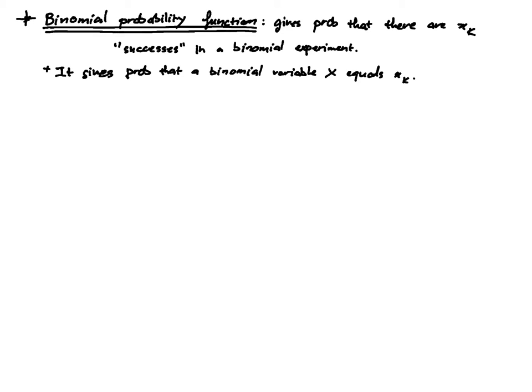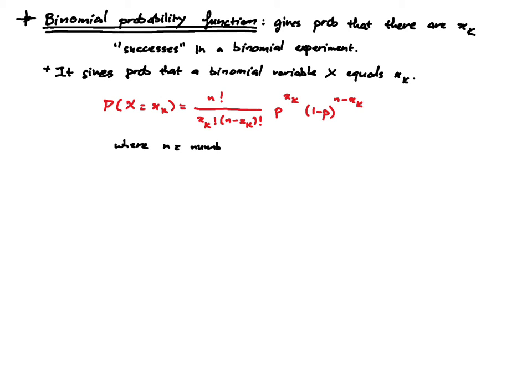So here's the formula that we use. The probability that x is equal to x sub k is equal to n factorial divided by x sub k factorial times n minus x sub k factorial, times p to the x sub k power times 1 minus p to the n minus x sub k power, where n is the number of trials, and p is the probability of success.